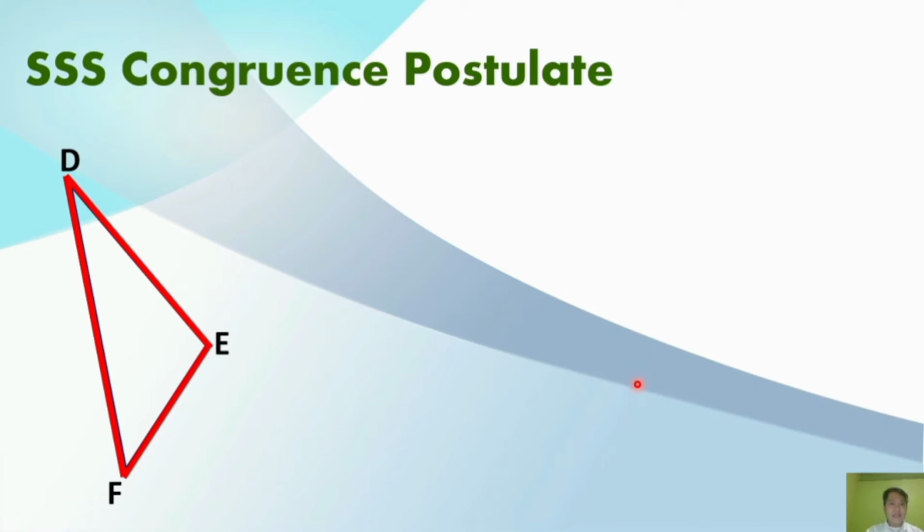So in this way, what can we say about the shape and the size of the 2 triangles? Ulitin natin. We have triangle DEF and another triangle. So what can you say about the size and the shape of the 2 triangles?